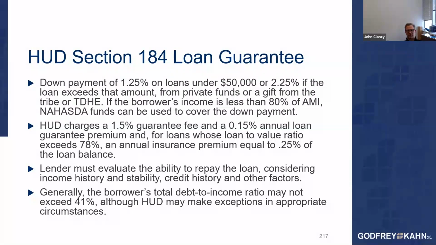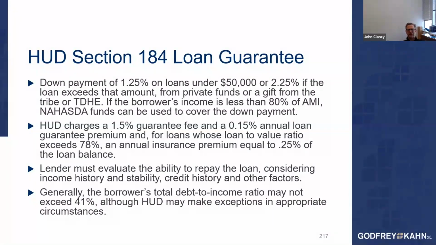So there are certain fees on top of the rate that the bank would charge for the home. On the other hand, this program basically allows for a low or no down payment approach, essentially, and gives banks comfort to lend in Indian country, which is obviously important.